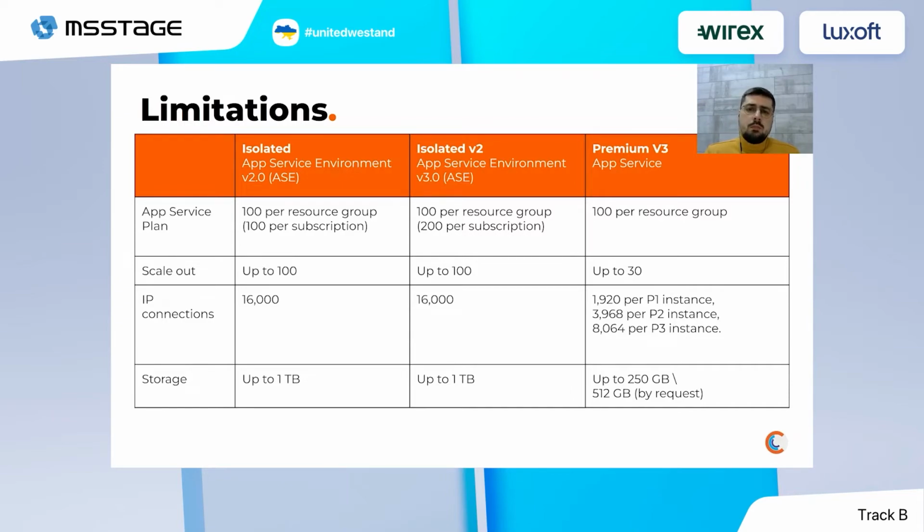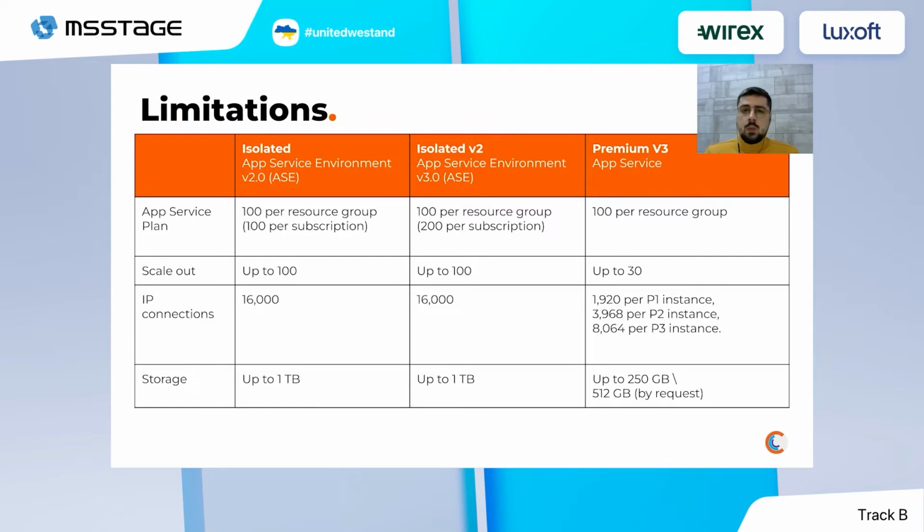most of the main limitations. Both Azure App Service Environment v2 and v3 have the same top limit of application instances during the horizontal scaling process, set up to 100 instances.